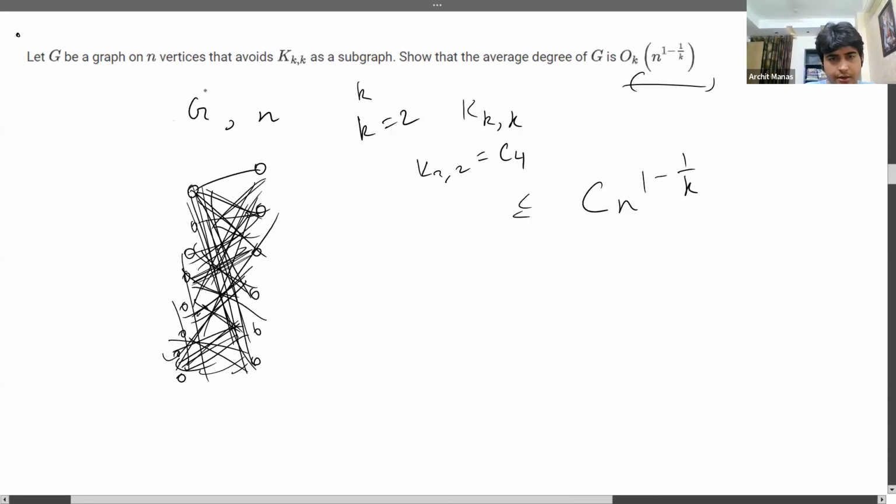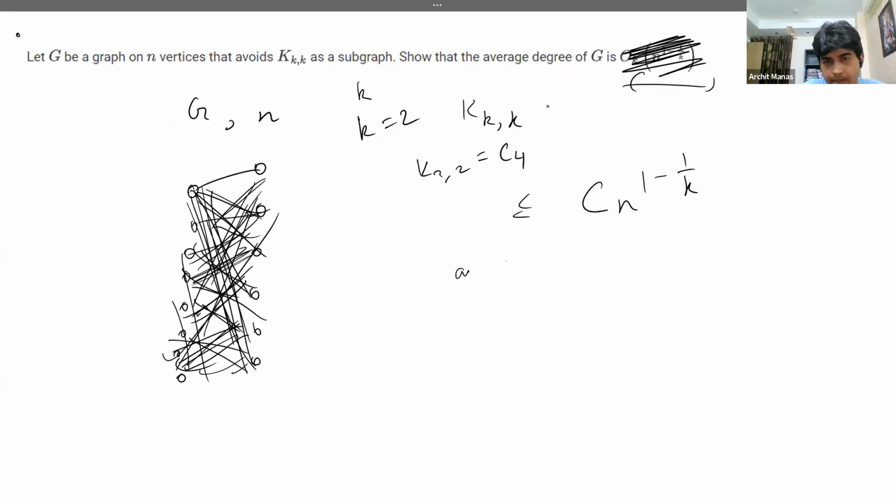Can you explain the notation again? Okay, so no need to get worried by this. You just have to show that for the average degree of G, there exists an absolute constant C, which is allowed to depend on K because K is fixed.